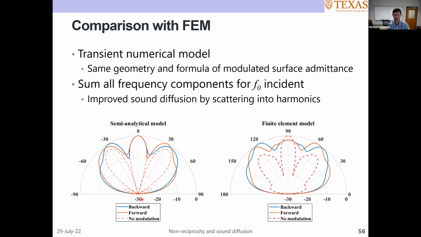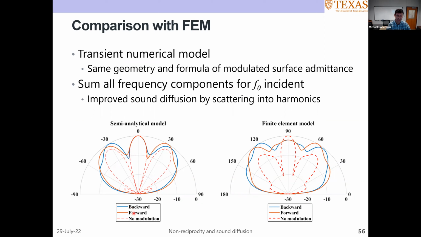Now, this is the scattered field, red, with no modulation, okay? We're going to say that at every single frequency for an incident F0, we take all of the diffracted energy and sum it together in every given direction. So it will include frequencies that are not at the incident frequency, which raises its own question if you're talking about audio, but we'll leave that for the moment.